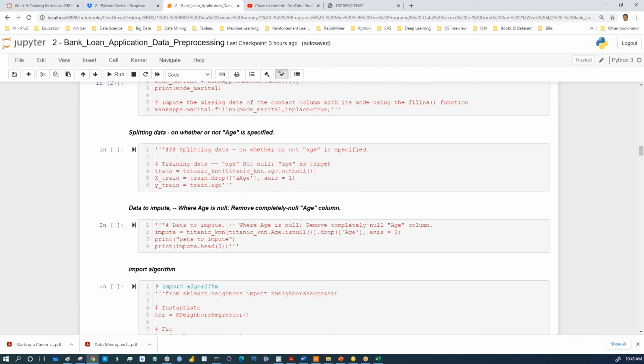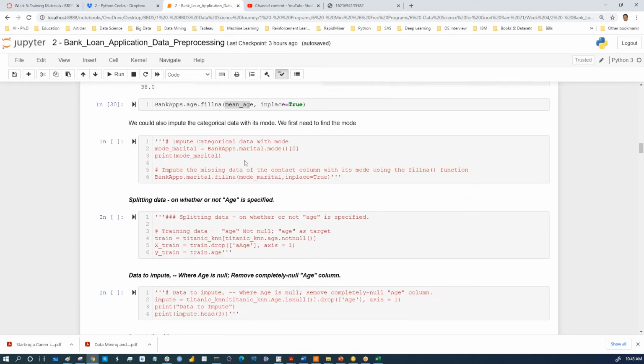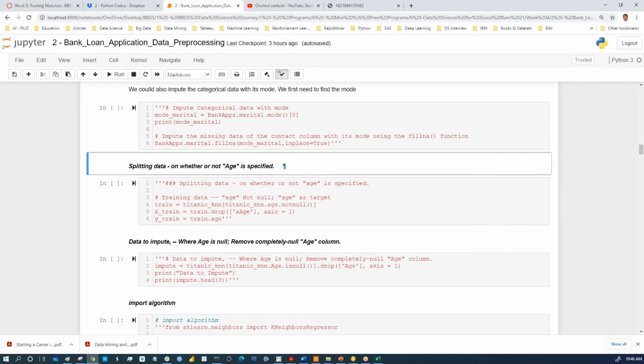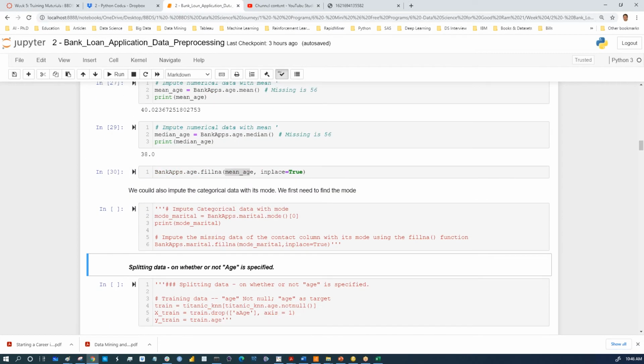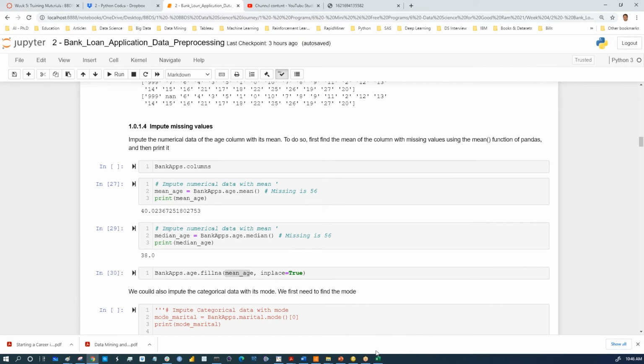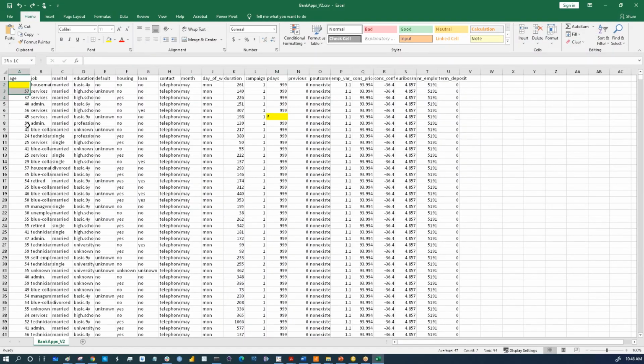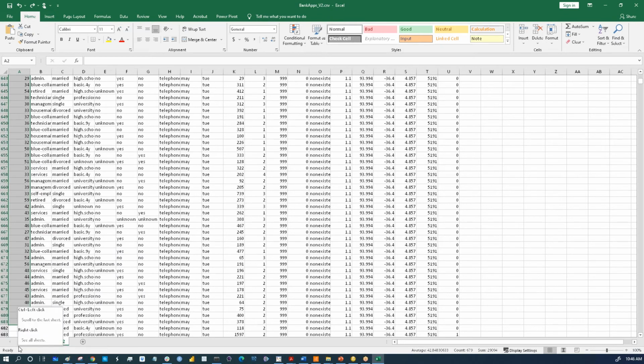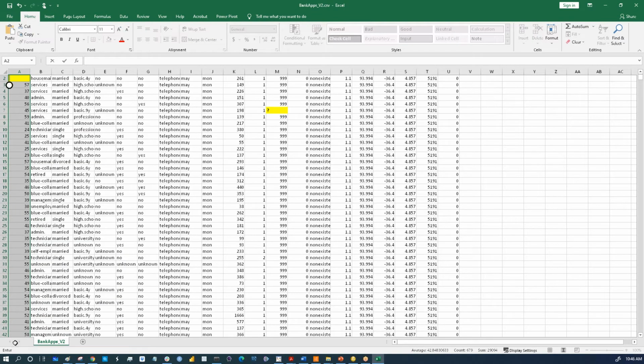When it comes to missing values, there are other methods you could use. Let's say you have a column that is age, and you have 50% empty cells.